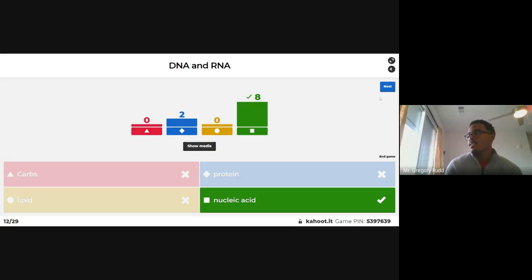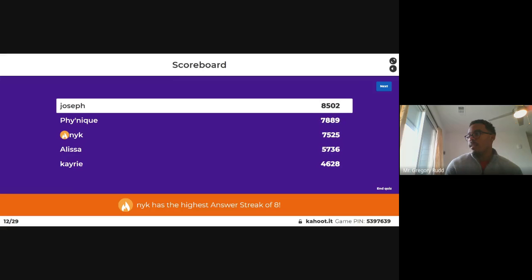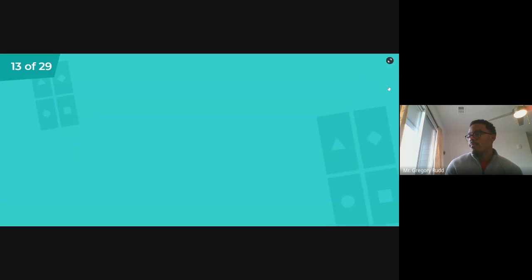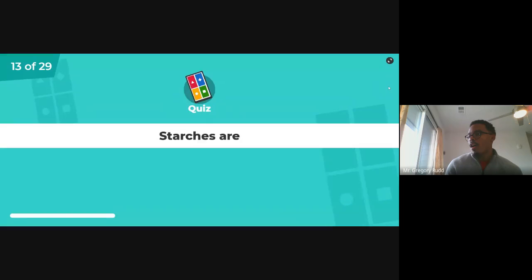They're both nucleic acids. That's what the NA in DNA and RNA stands for. All right, everybody's jumping up now. Good job. Come on, Kyrie, stay in it. Starches are what?